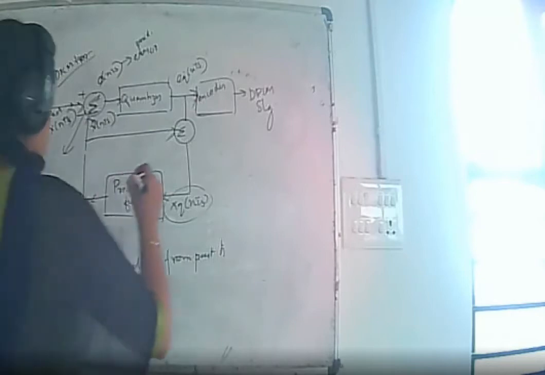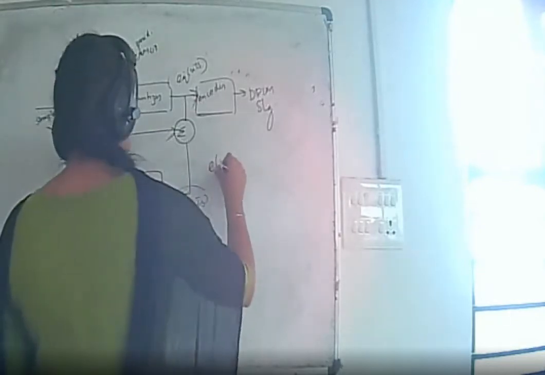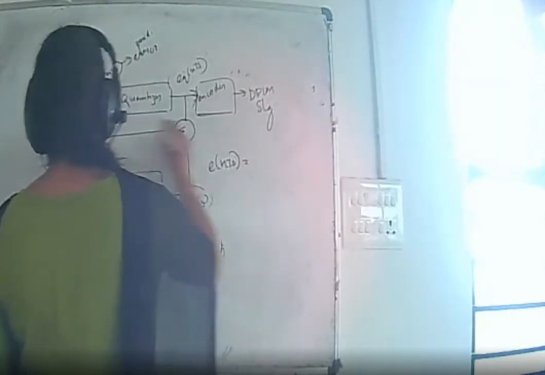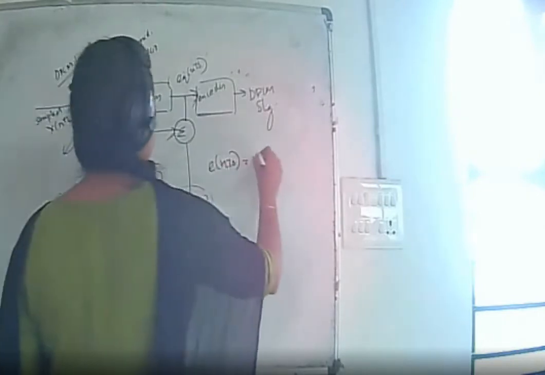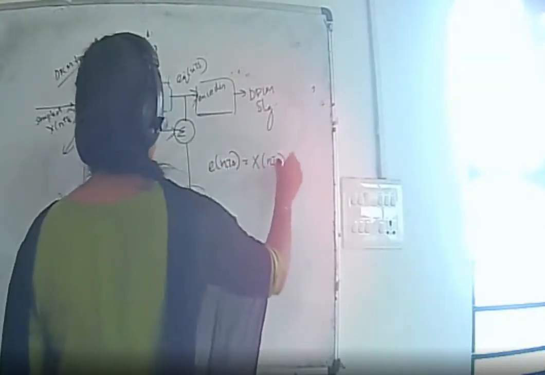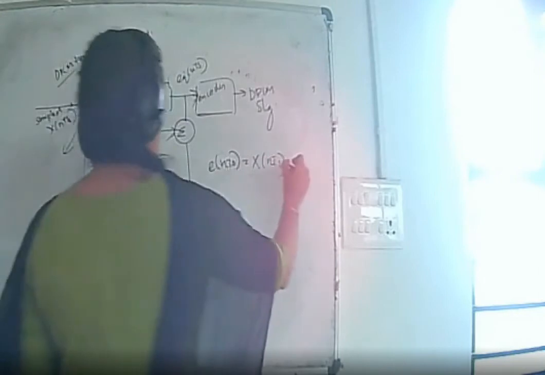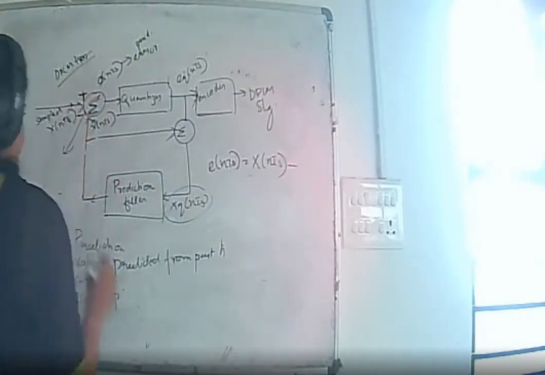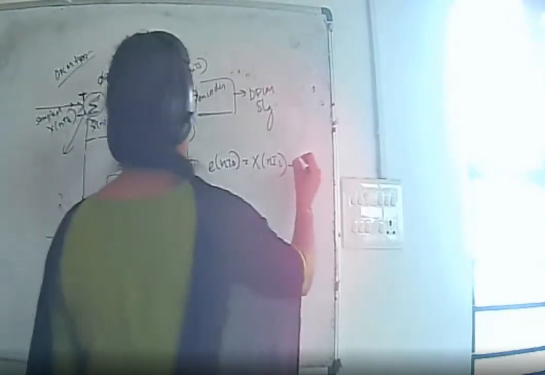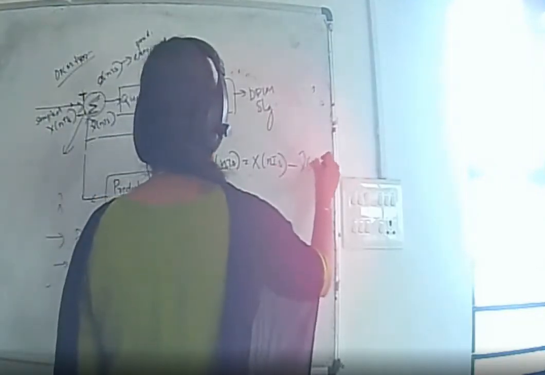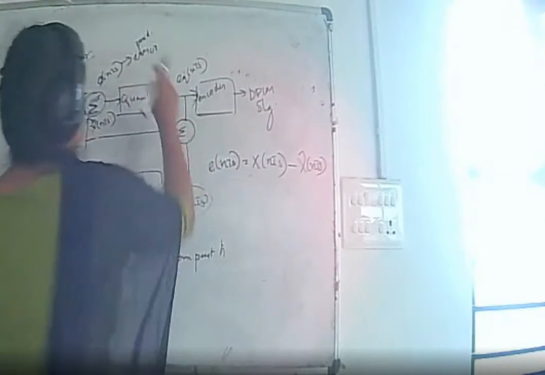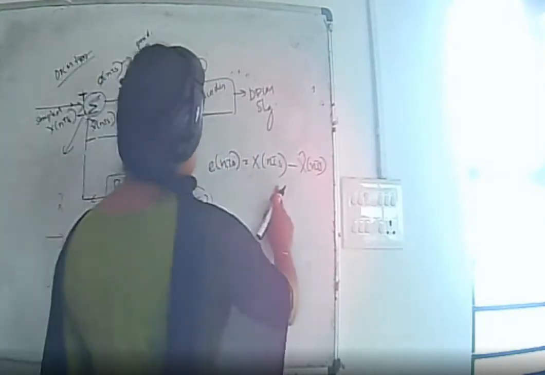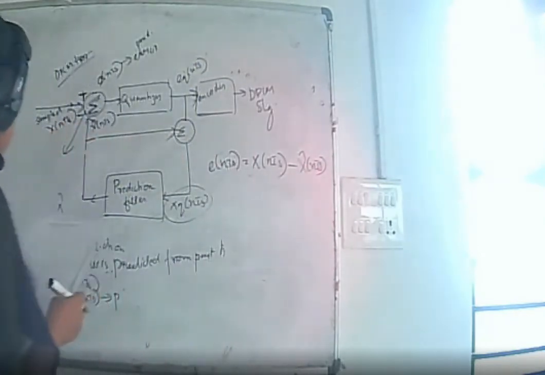So the prediction error e of nTs is nothing but X of nTs, which is the sampled signal, minus this predicted value X cap of nTs.